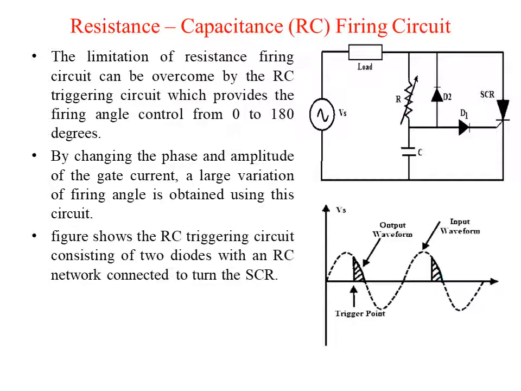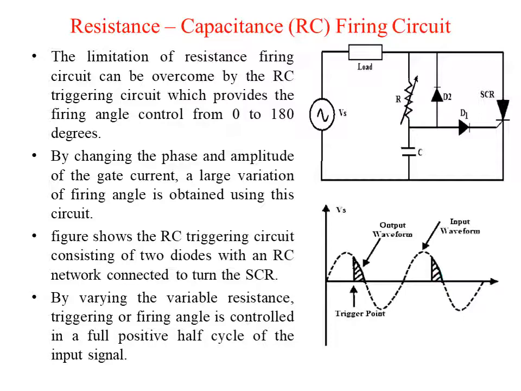The figure shows the RC triggering circuit consisting of two diodes D1 and D2 and an RC network connected to turn on the SCR. By varying the variable resistance, the triggering or firing angle is controlled in the full positive half cycle of the input signal.